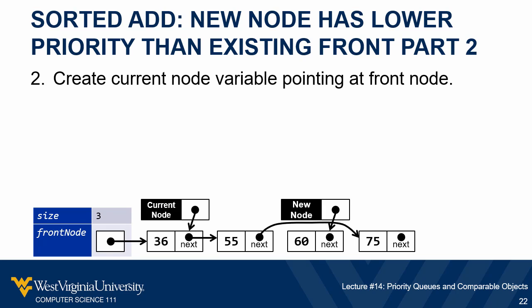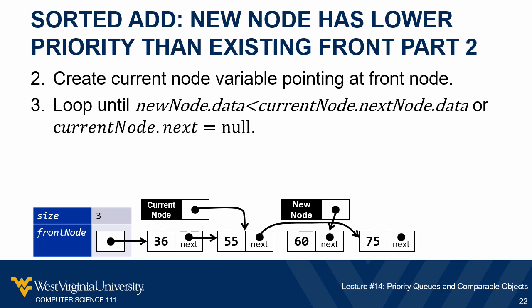What we're going to do after we initially compare the new node to the front node is we're going to see that, okay, it's got a lower priority than the front node, so we'll set up our loop to iterate over things. We'll create a current node variable to point initially at the front node, and then we're going to keep on looping until we get to the point where either the new node is going to be between our current node and the node that is right now after the current node, or we basically have no more nodes to take a look at.